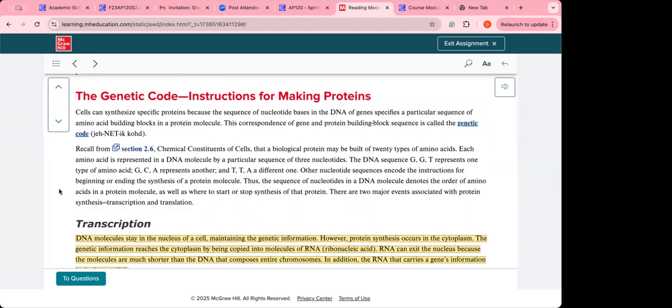This corresponding building block sequence is the genetic code. Okay, so DNA molecule, okay.